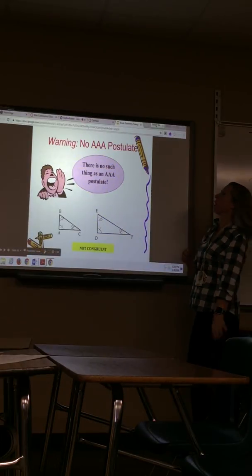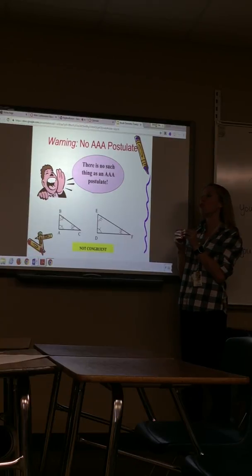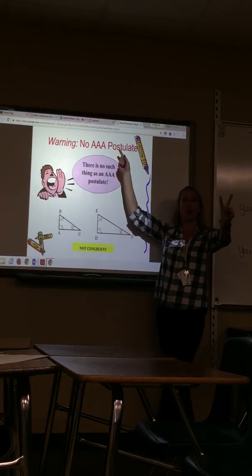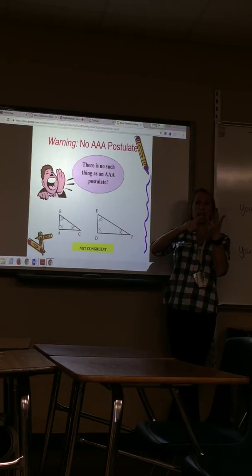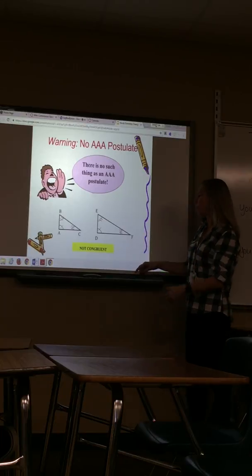Also, you can never prove triangles congruent by angle angle angle. So there's two ways you can never prove triangles congruent: AAA, or ASS. It's only okay to be an ASS if you're right.